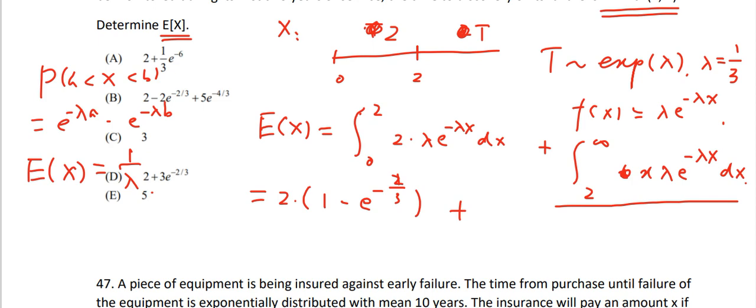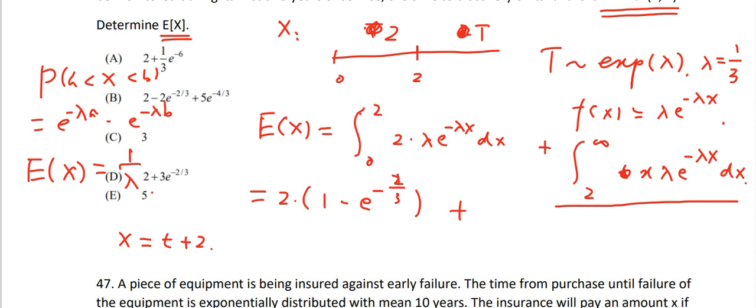But this is from 2 to infinity. So I change it a little bit. Let's say I let x equal t plus 2, or we say x minus 2 equals t. So when x equals 2, t equals 0.